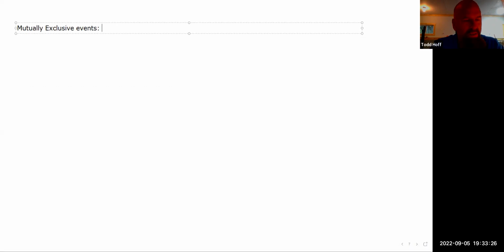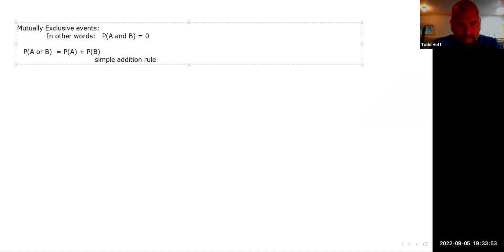Mutually exclusive means P of A and B equals 0. They cannot possibly happen at the same time. Then P of A or B, the probability of one or the other, is just equal to the probability of one plus the probability of the other. This is called the simple addition rule for mutually exclusive events.